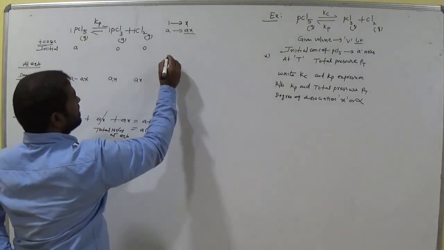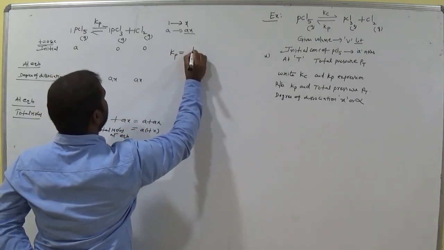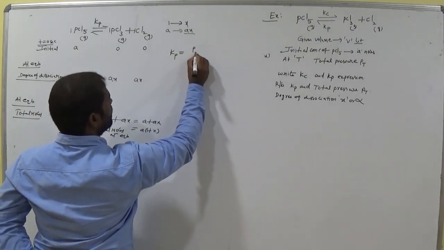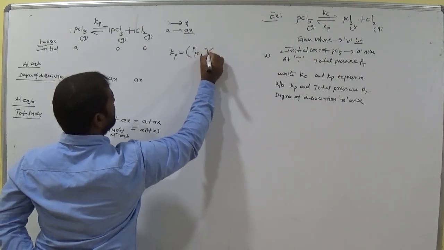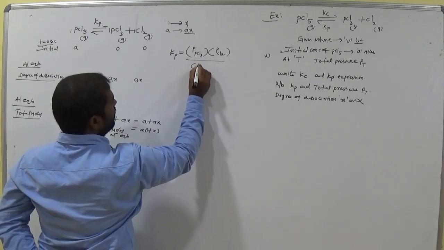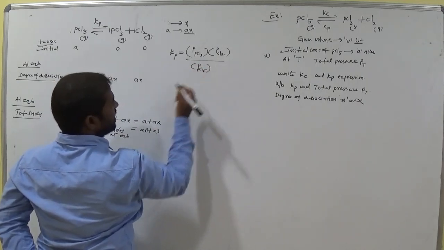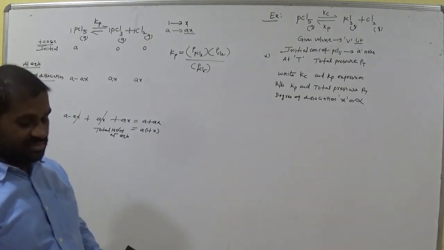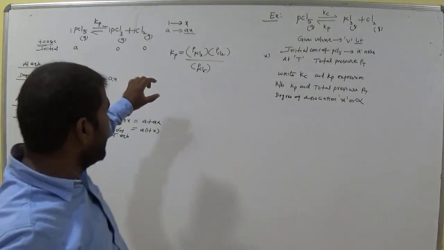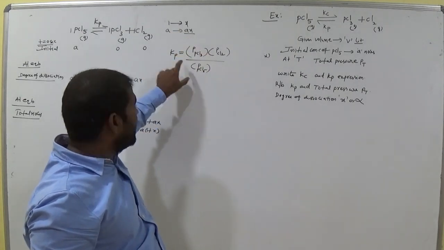So for this one, what is the Kp expression? Kp is equal to partial pressure of PCl3, partial pressure of Cl2, partial pressure of PCl5. Is it clear? Now we need partial pressure of these terms to calculate Kp.